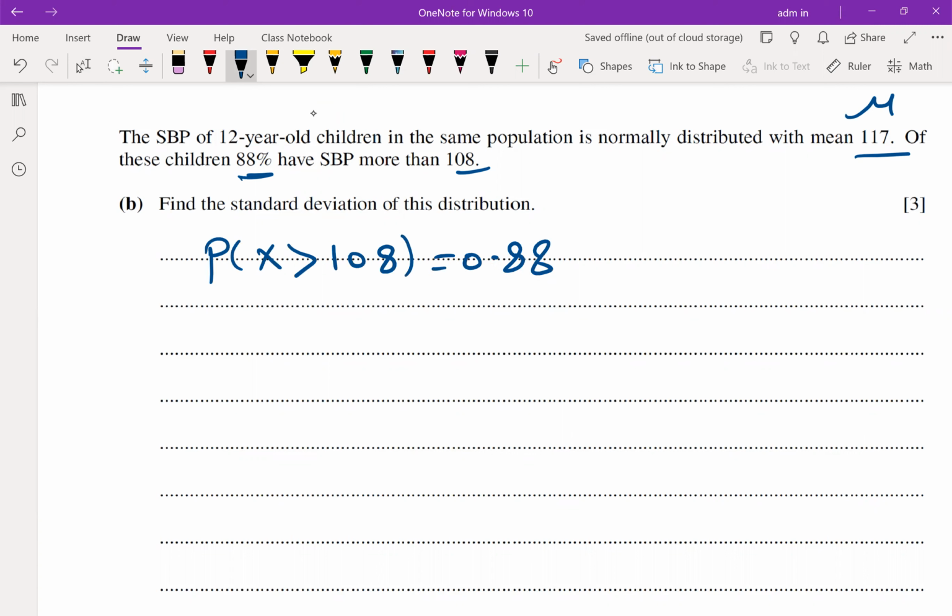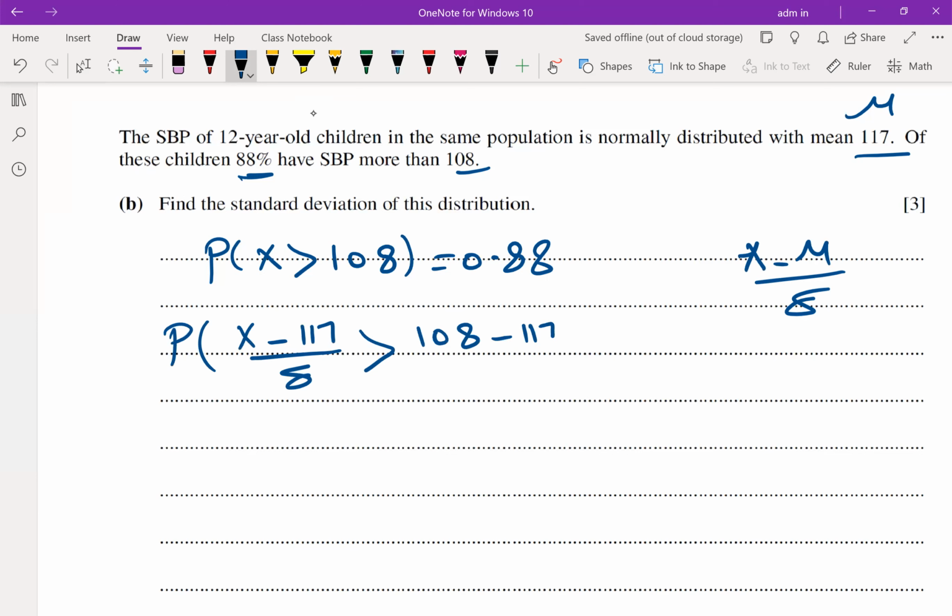Standardize by X minus mu over standard deviation. So the probability of Z more than 108 minus 117, which is -9, over standard deviation is equal to 0.88.